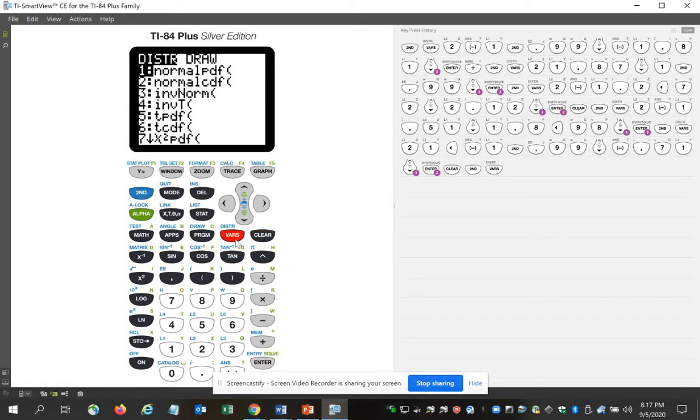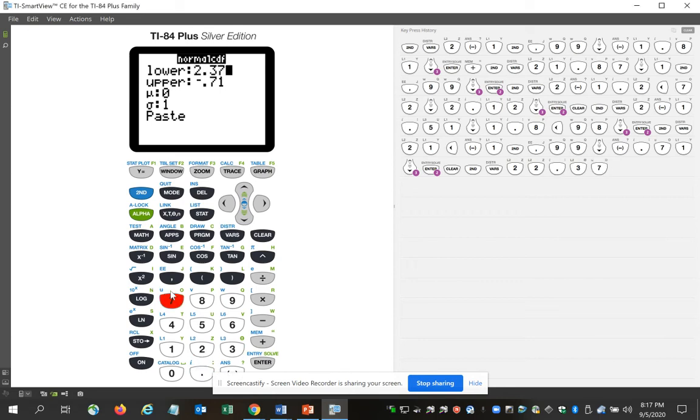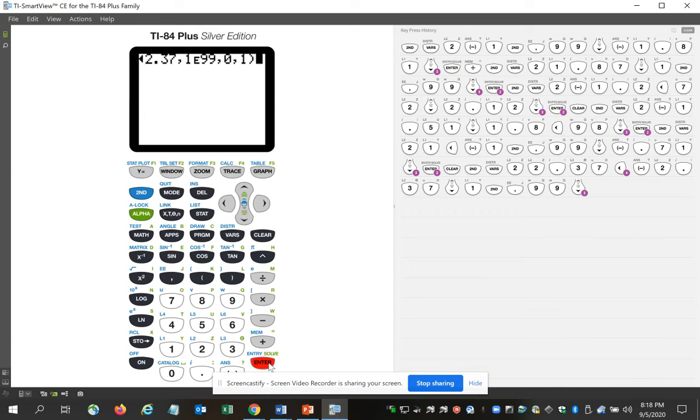Second, vars, normal CDF, my lower is negative 2.37. I'm sorry, my negative sign didn't go in there. Negative 2.37 to positive infinity, 1 second, comma, 99, mean is 0, standard deviation is 1, paste, enter.